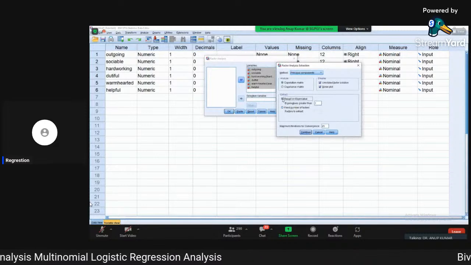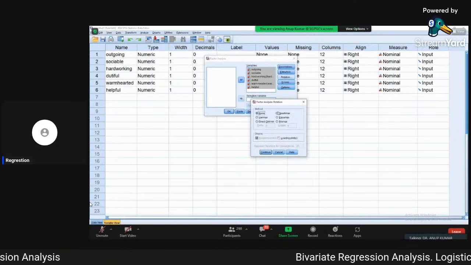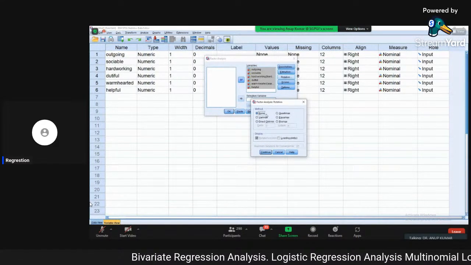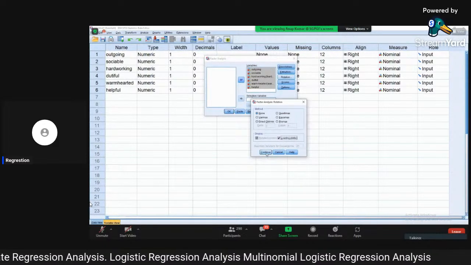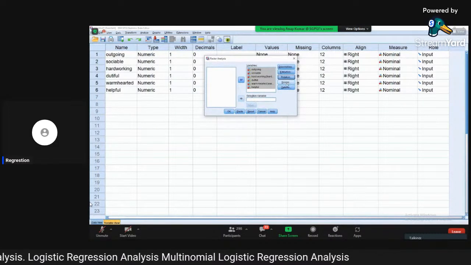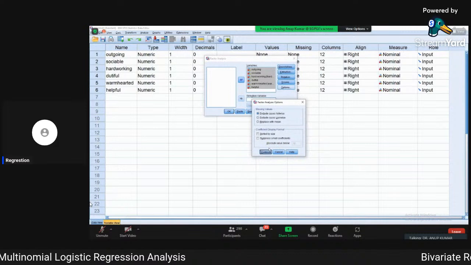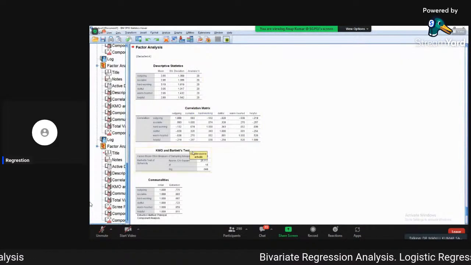First of all, just click on this, then click continue. Then Rotation: you want to rotate the axis by 90 degrees, or you do not want any rotation, and then click on the loading plots. Continue. In Scores you have to do nothing, and in Options you have to do nothing, and just click OK. By this the results will come.